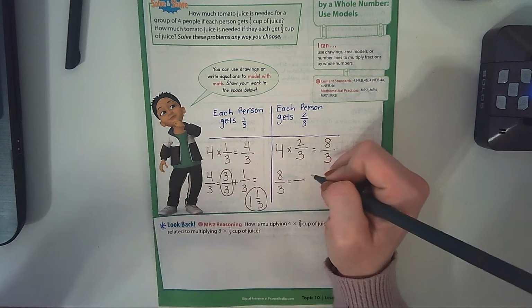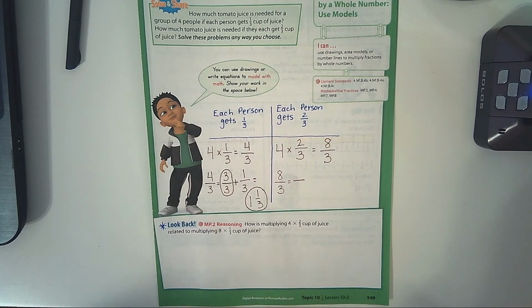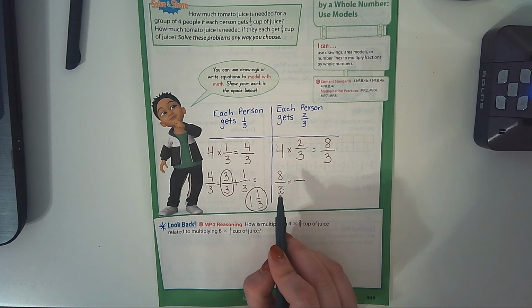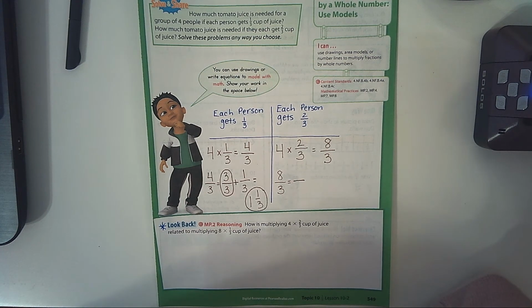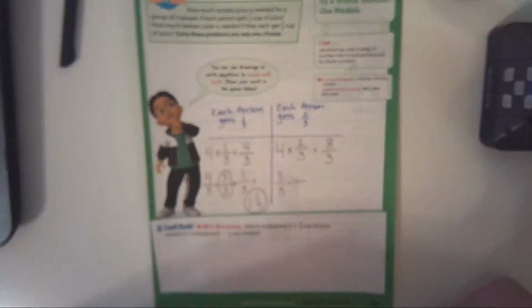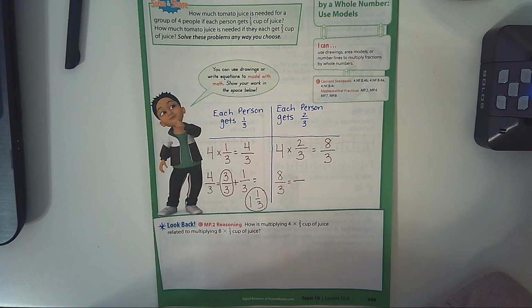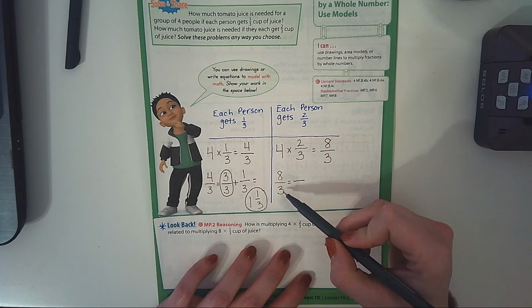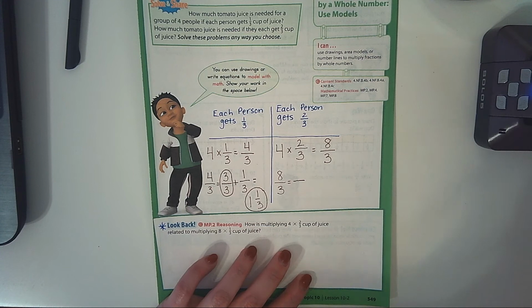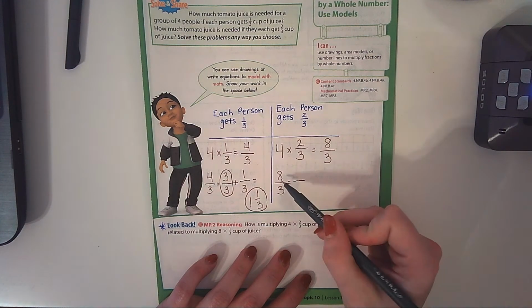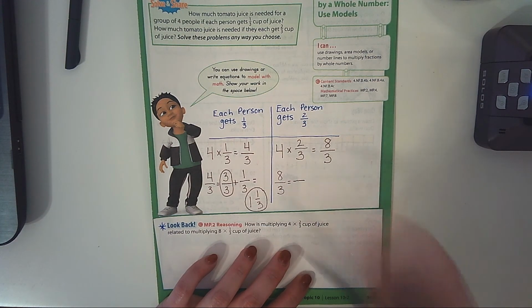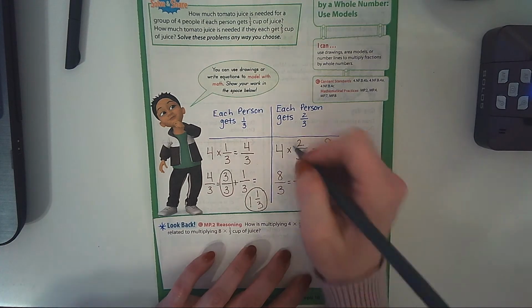so let's find how many 3's are in 8. I know it's been a while since we did this in class, but one thing that we were doing was skip counting as well. So another strategy that you could use would be to skip count by 3's, 3, 6, 9. Once you go over 8, then you know that you can't make another whole.